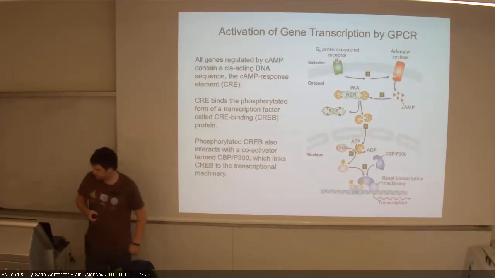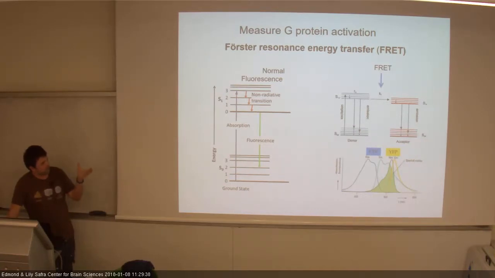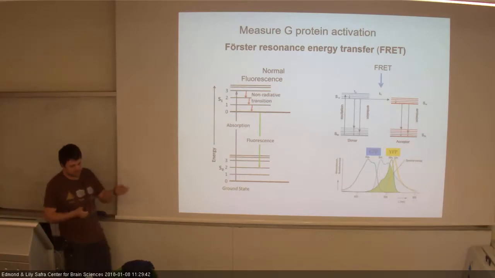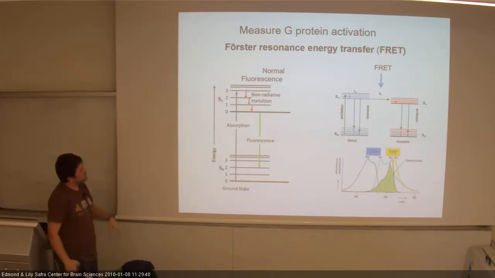Okay, so how do we measure, or quantify, the speed or the activity of G proteins? First of all, we need to understand a very basic concept, which is fluorescence, before we understand what FRET is, which is the second method.